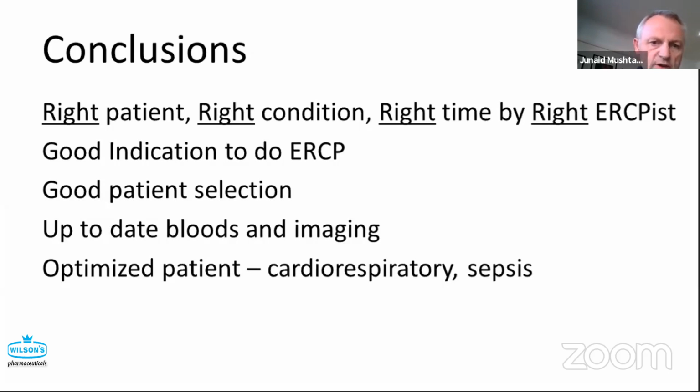It may be that we've ticked all of the boxes, but the patient isn't ready. They need to be optimized, or they need to be delayed because of problems with their clotting or whatever. We need up-to-date bloods and imaging that we're confident highlights the reason why we're still doing it. And the patient needs to be fit enough to do it.